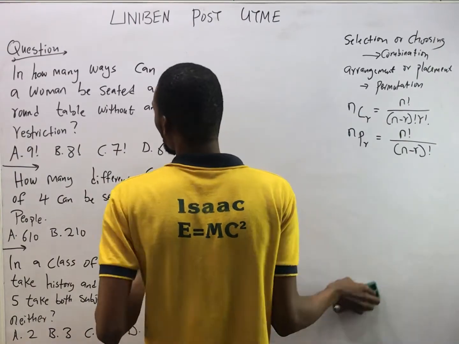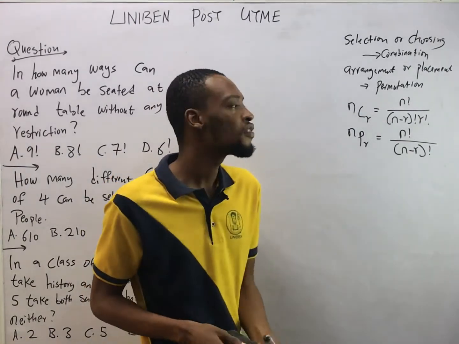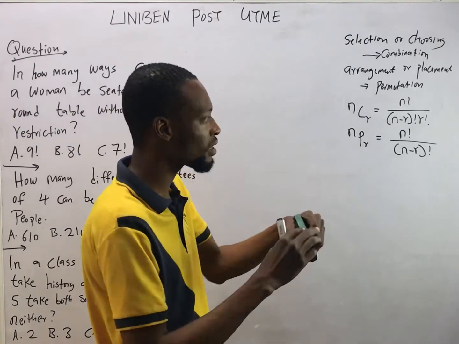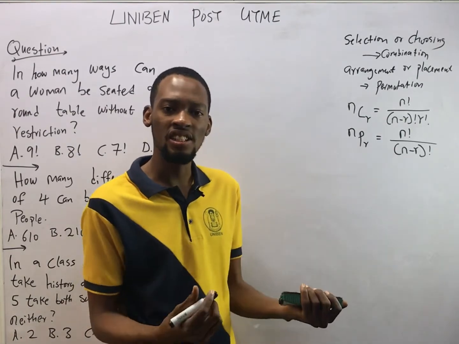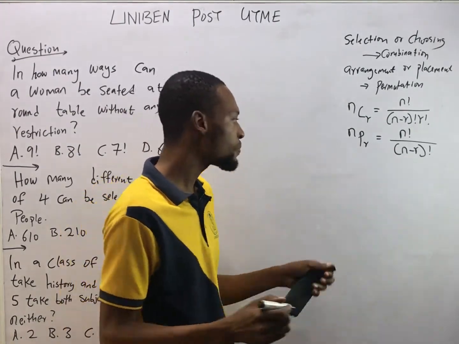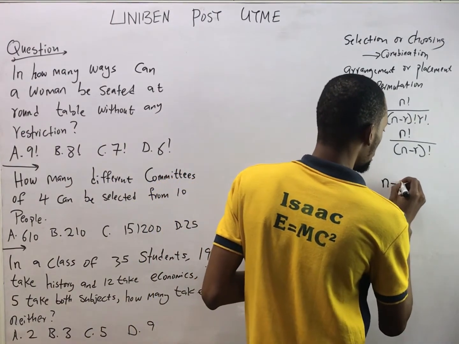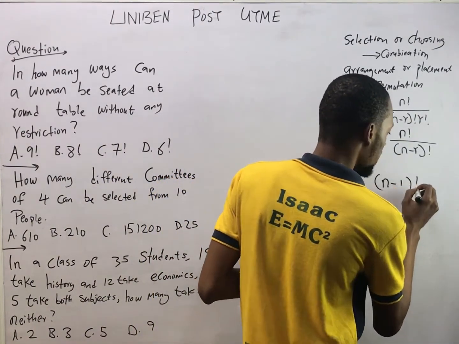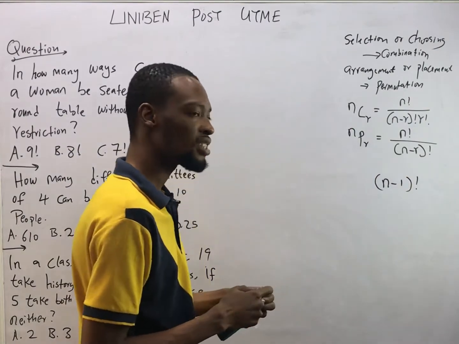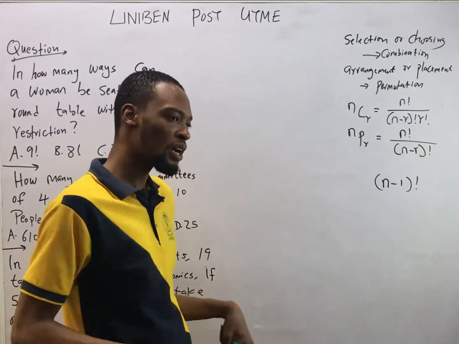Now, let's look at this question. For a circle, like I told you, permutation is about arrangement. While arranging in a circle, the number of arrangements is simply n minus 1 factorial, because a circle has 1 point.